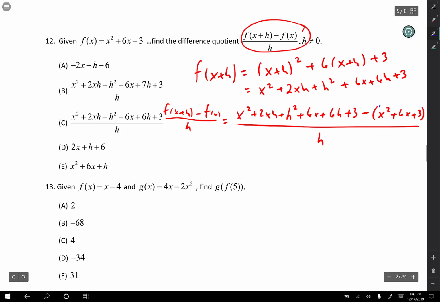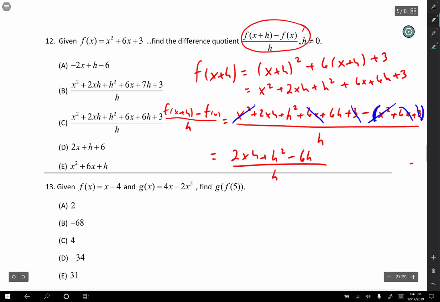Notice I put a parenthesis right here. So when I distribute that negative, the x squares are going to cancel out, and then the 6x's cancel out next, and then the 3's cancel out next. That should always happen. So what you have left is 2xh plus h squared plus 6h.